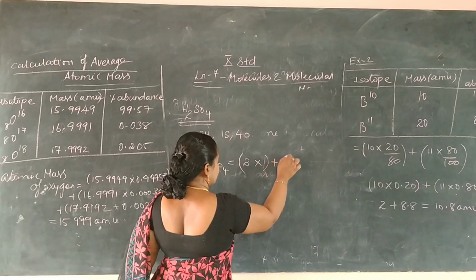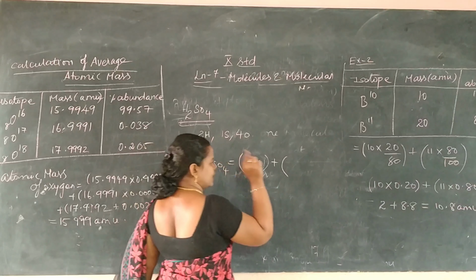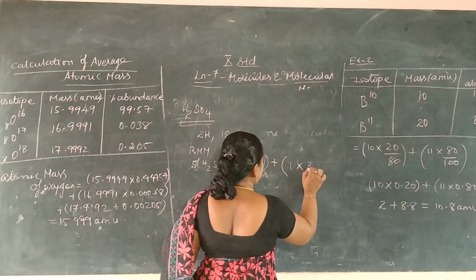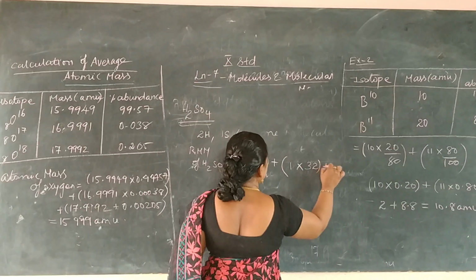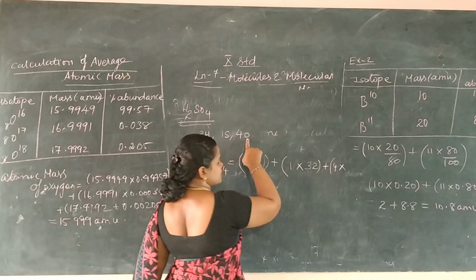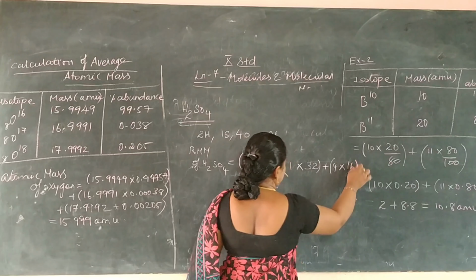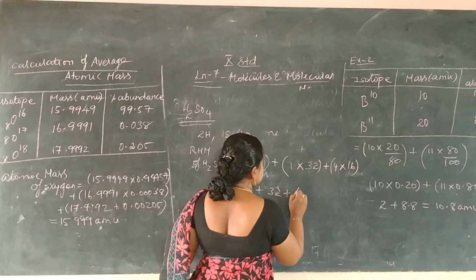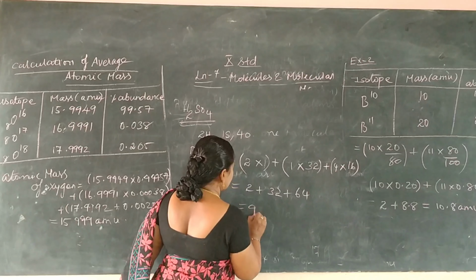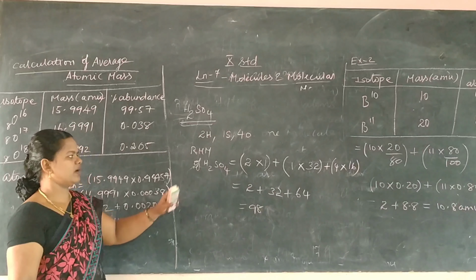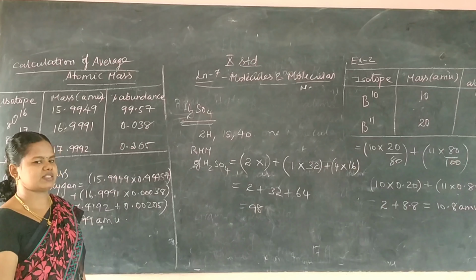So 2 into 1, plus 1 into 32, plus 4 into 16, which is 2 plus 32 plus 64, equal to 98. This is the relative molecular mass of sulfuric acid, no unit.